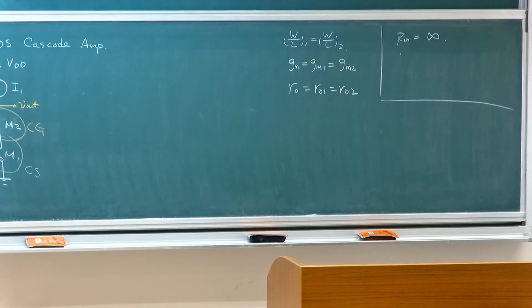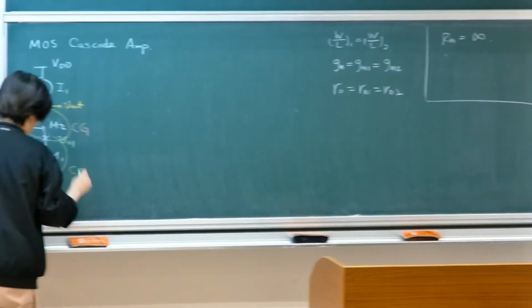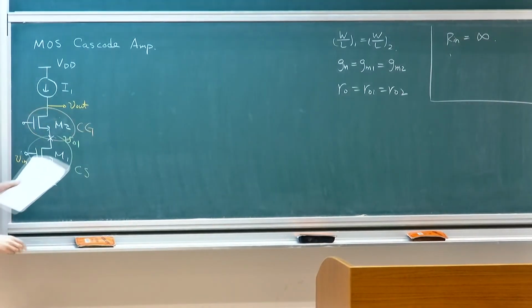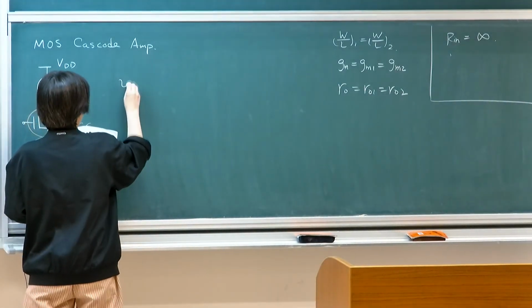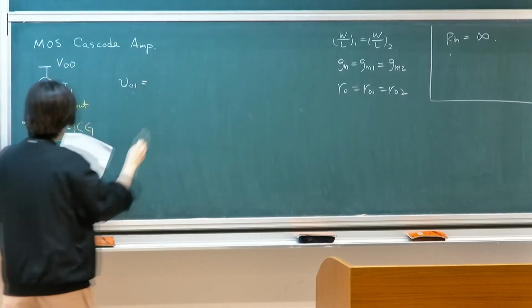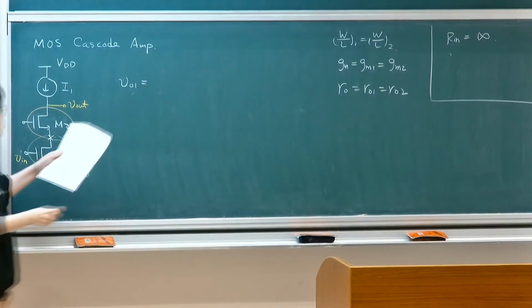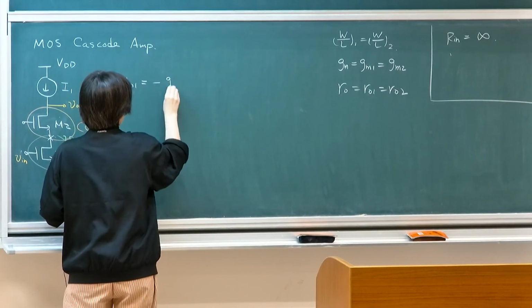So the way to think about this is the same. If you want to look at this particular point, I'm not going to do the complete two-port model, just a simpler way of looking at this. If you're looking at the intermediate point, which is labeled as VO1, if you're analyzing this circuit, it should be minus GM1.